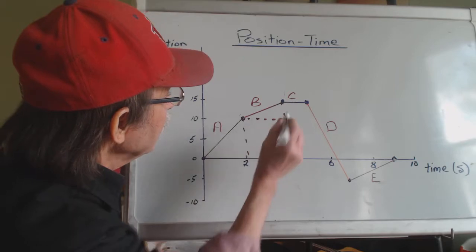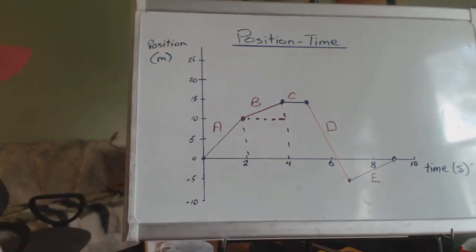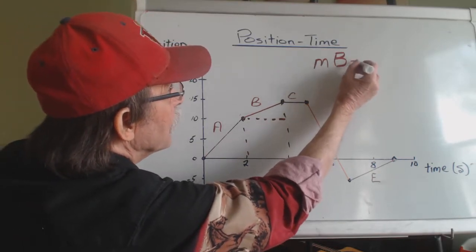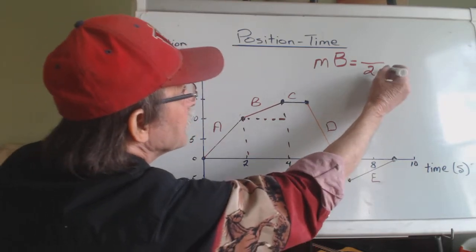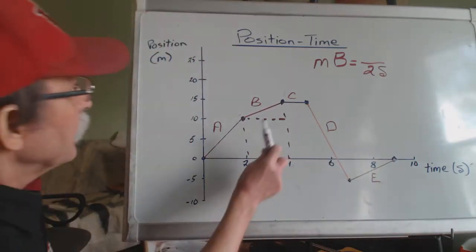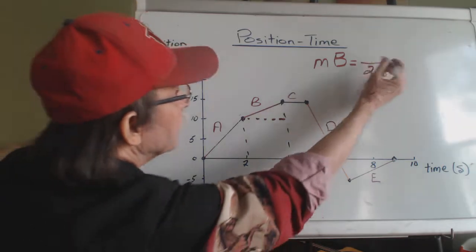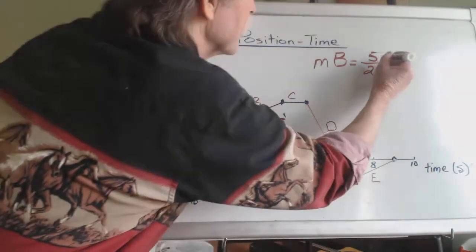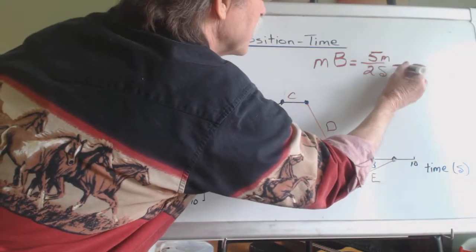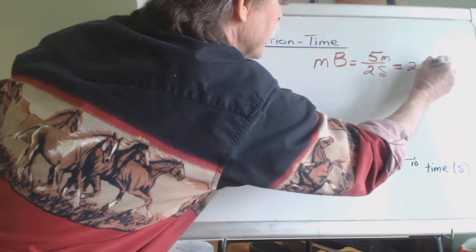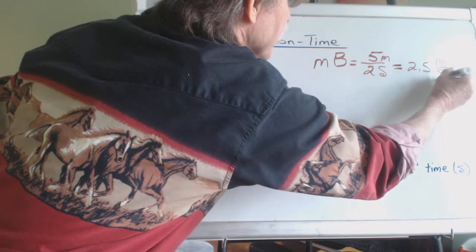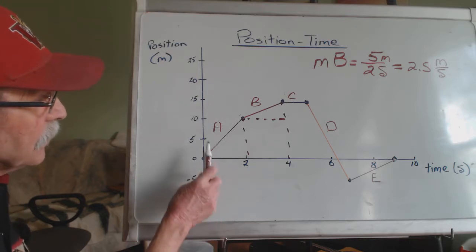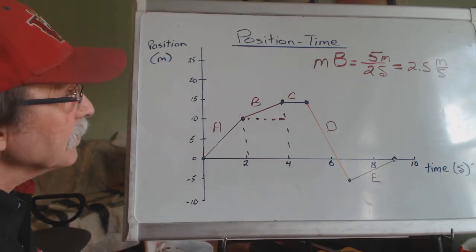We know the run is 2 seconds, and the rise is 5 meters, which is equal to 2.5 meters per second. I want to do that with every interval. I want to solve every interval.